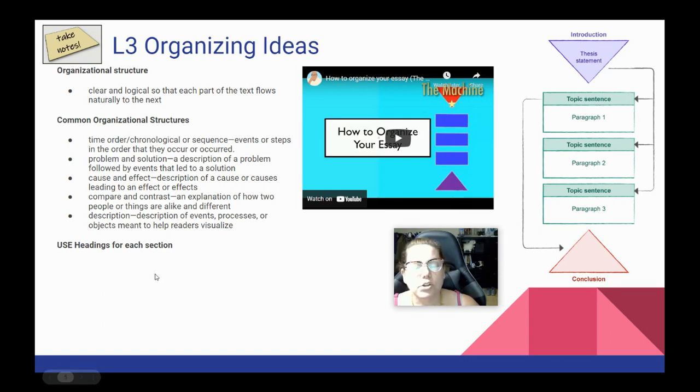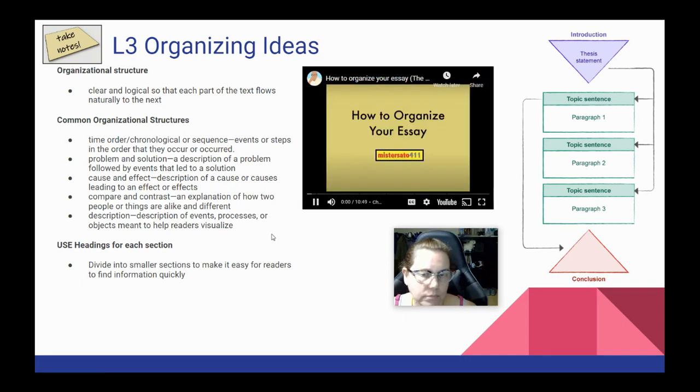Just make sure that they are clear and logical, and each part flows naturally into the next part. So you need to use headings for each section. So you'll divide your essay into smaller sections to make it easy for readers to find information quickly.